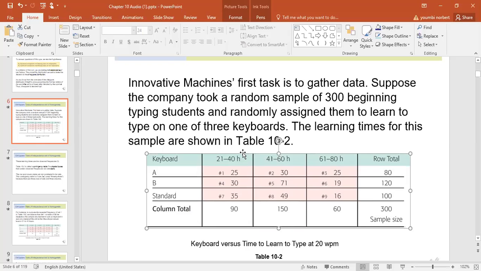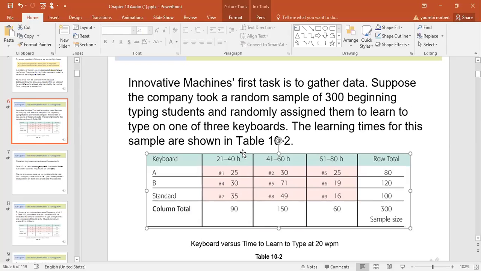Let's take another cell, maybe cell 6. Cell 6, if you can see the numbers associated with it. What is the observed value for cell 6? 19. What is the expected value? Total row is 120.